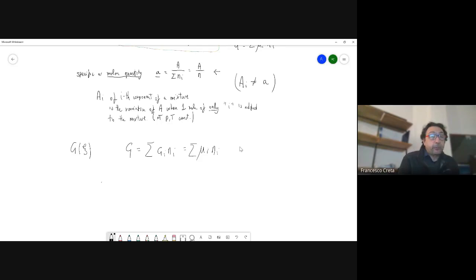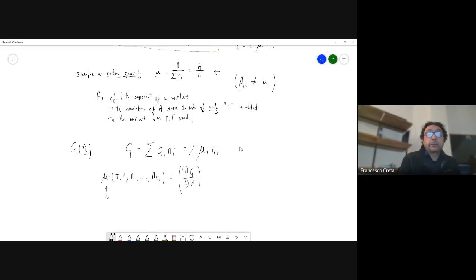Generally speaking, I won't use this really heavy notation, but we can write it maybe once or twice. Mu is a function of temperature, pressure, and all of the extensive quantities, which are the number of moles. And by definition, this is the derivative of G with respect to N_i. So this is for species i, so it could be H2O, it could be O2.